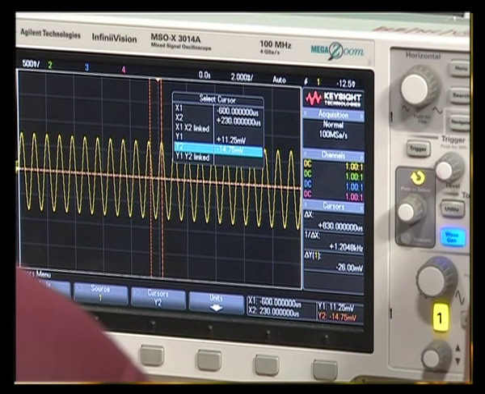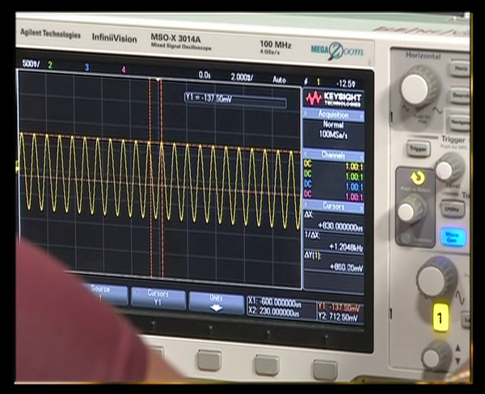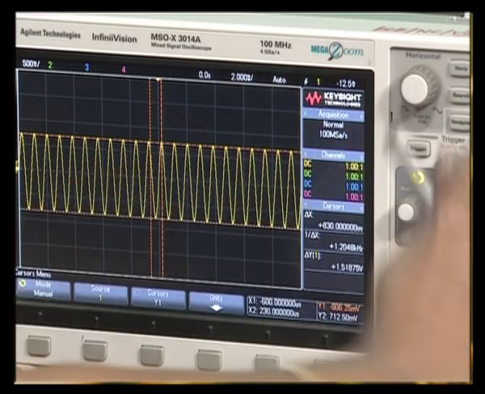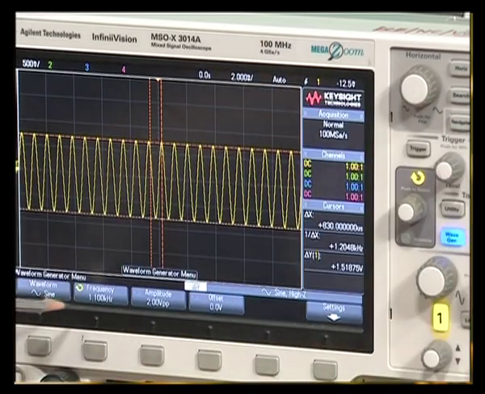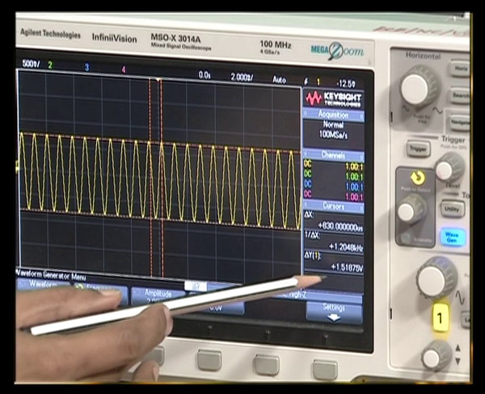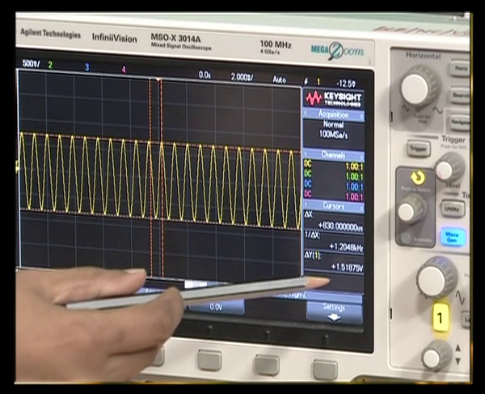We will use the cursors to measure amplitude. The peak to peak amplitude that we get now is 1.5 volts, and the input frequency is set to 1.1 kilohertz, which is 1 decade away from 11 kilohertz, and the input amplitude is 2 volts peak to peak.